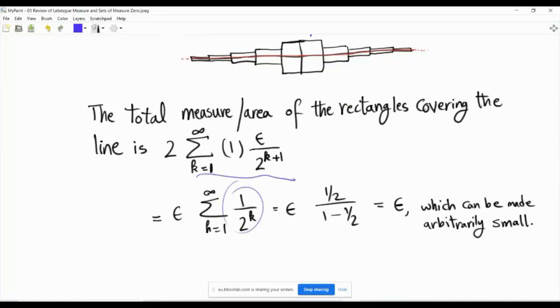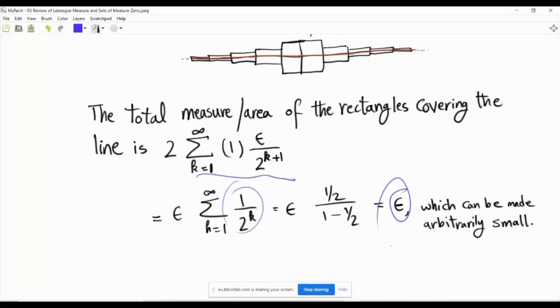The area of those rectangles covering the whole straight line in 2 dimensions, this Lebesgue measure in 2 dimensions, is epsilon. And what is epsilon? It is an arbitrary positive number. We can choose it to be ridiculously small, 10 to the -1000, something like this.